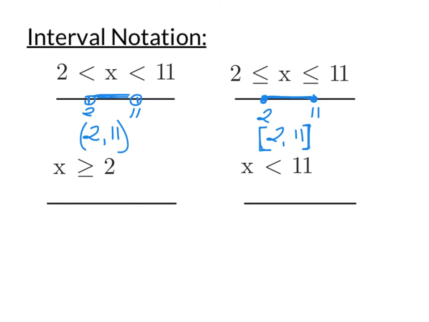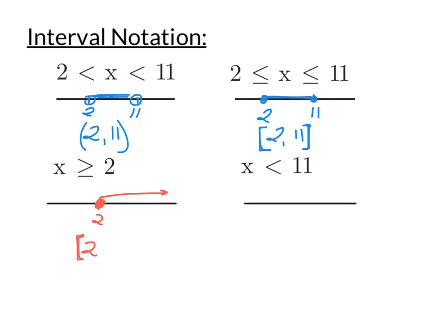Now, what if I have an inequality that isn't a compound inequality? It's just x is greater than or equal to 2. If we were to graph it, here's 2. It can equal 2, and we want everything that's greater. Now, I know that my interval begins at 2 and it can equal 2, so I feel very confident about this side, but what about the other side?